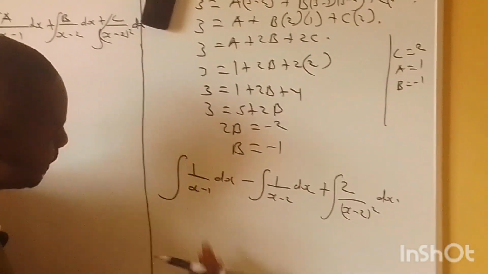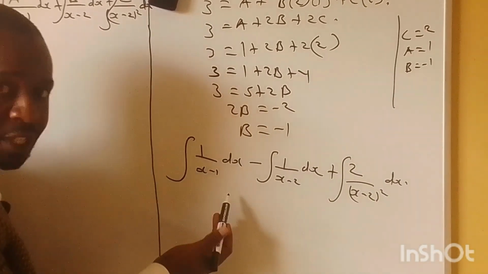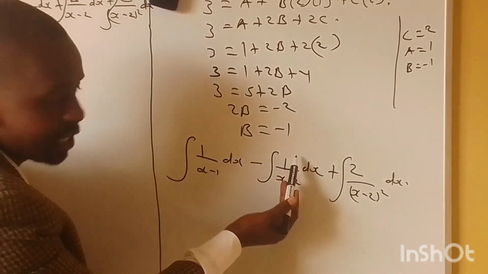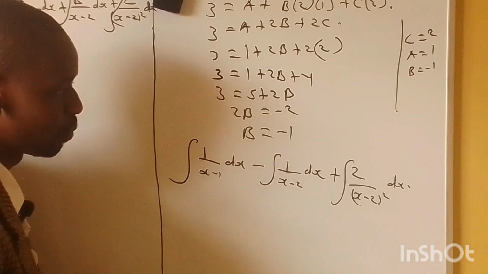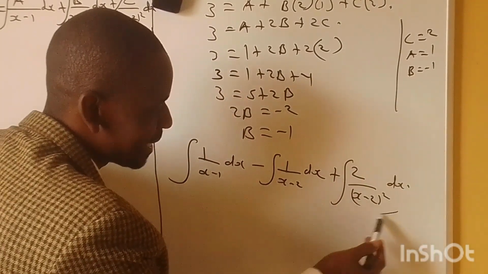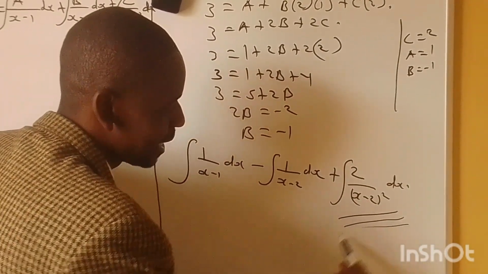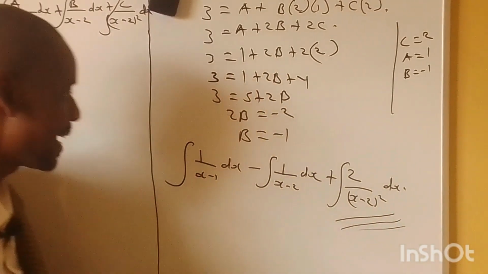We know very well that the integral of 1 over x minus 1 is ln of x minus 1, and the integral of 1 over x minus 2 is ln of x minus 2. But what about this part here?